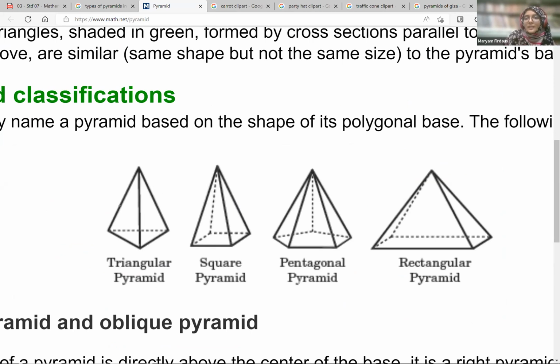Does this look like something? Like a tent. Yes, very good, very good. A tent.